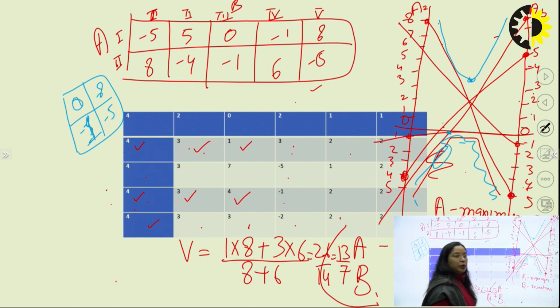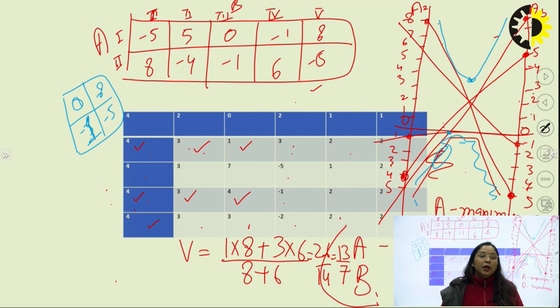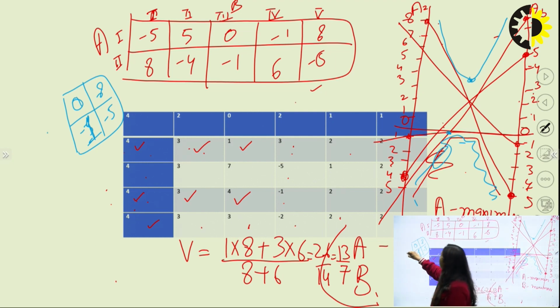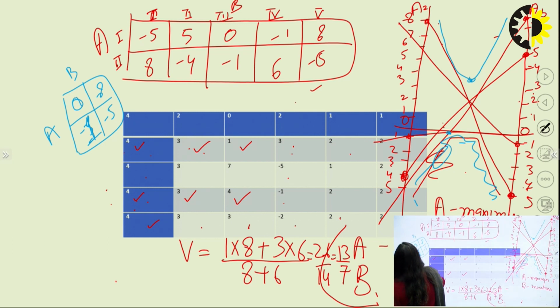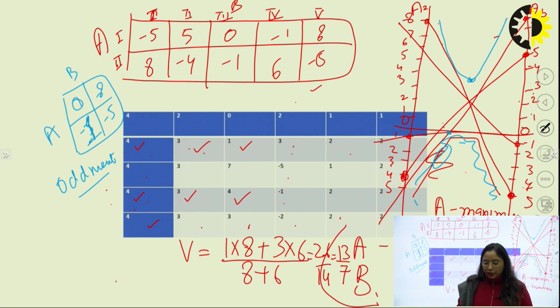So we have a 2 by 2 matrix available with us. Now we will again find the different optimum strategies for A and B with the help of the oddment rule, and after that we will find the value of the game.